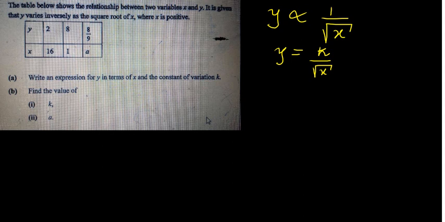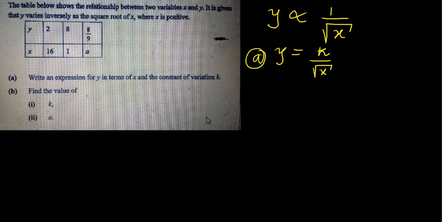So this expression here answers question 1. You want to write an expression where y is the subject of the formula. So that is the expression.